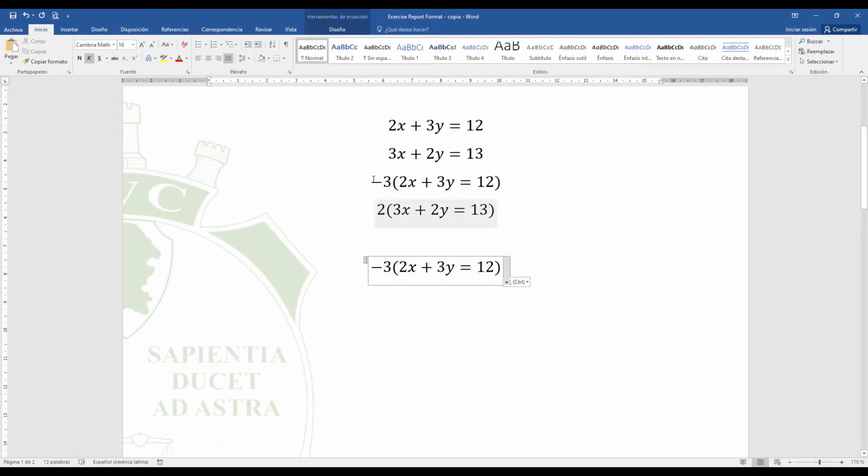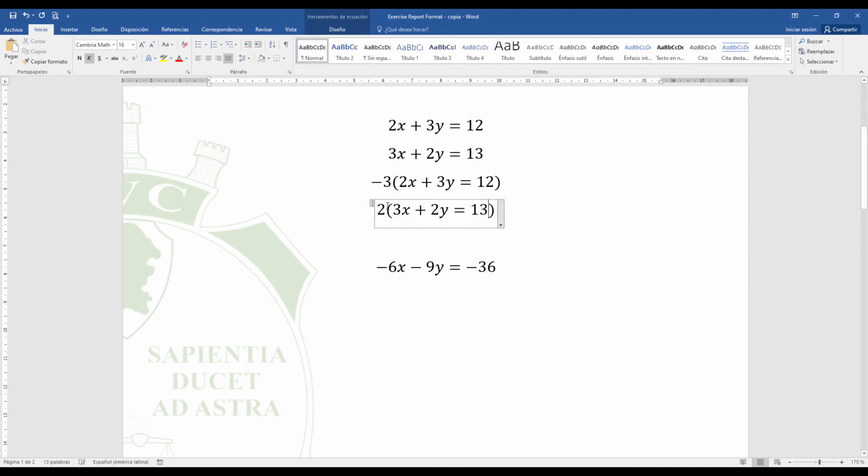Now you need to do the operation here. For example, this is minus 6x minus 9y, and this is minus 36.